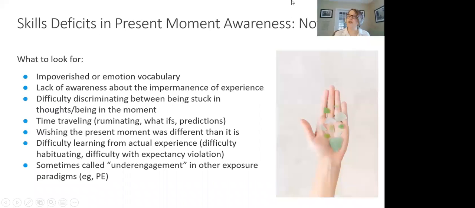So how would you know when to do this, right? If we're going to support this curiosity about our private experiences, how would we know when we really need to teach this, or can we just start doing the exposures? Well, here's what I look for, right? Look for really impoverished emotion vocabulary.